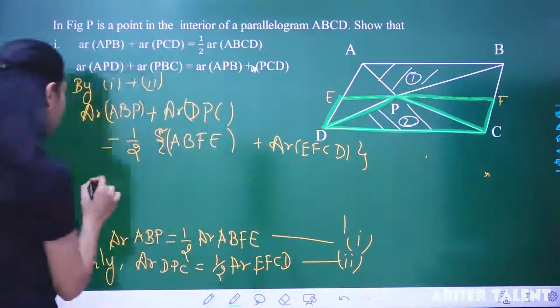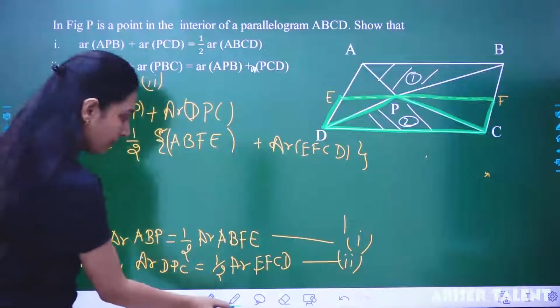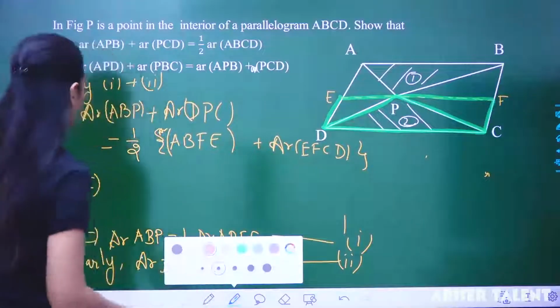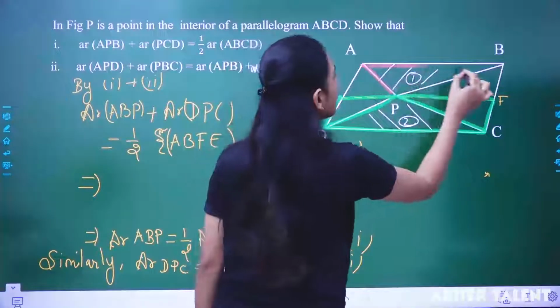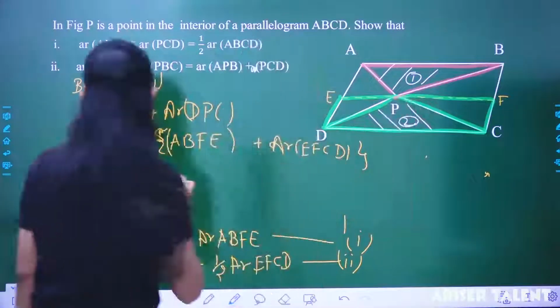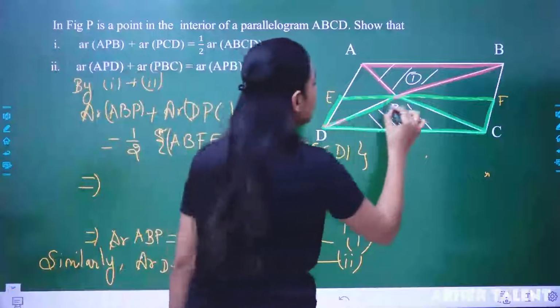Okay, and then we'll combine them. We'll have area ABP plus area DPC.